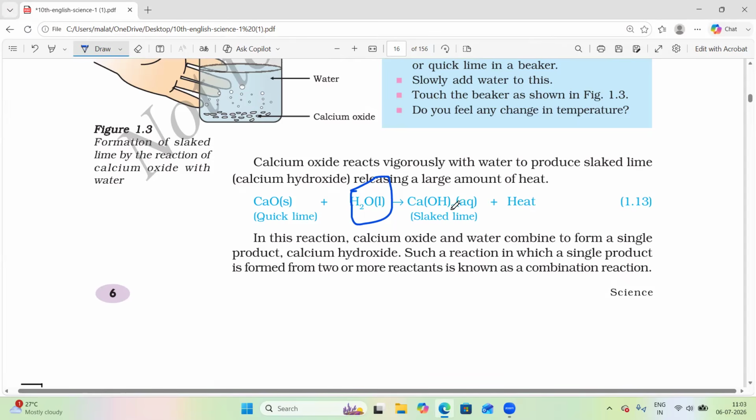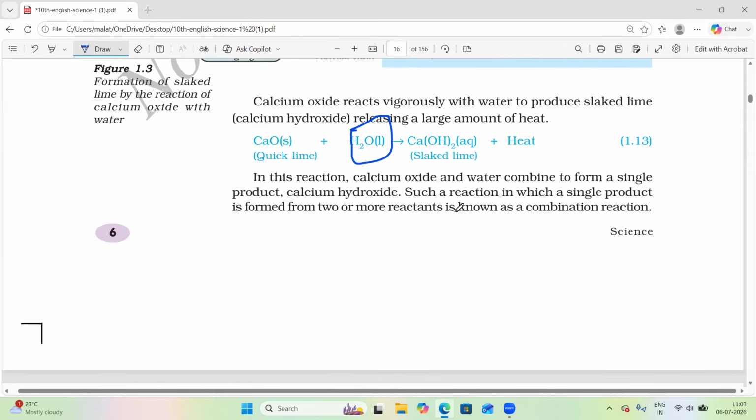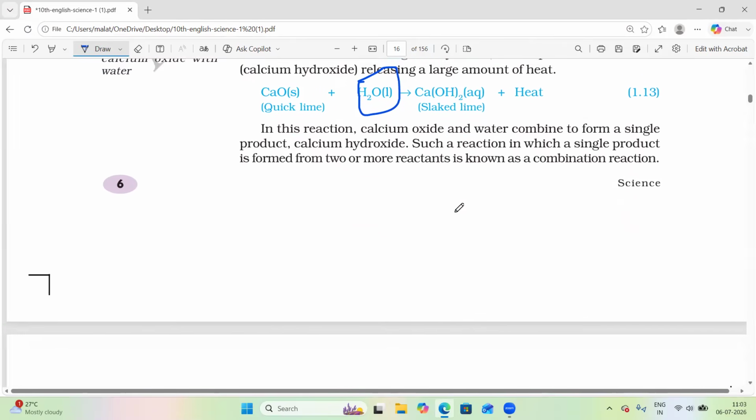Hydrogen: here 2 hydrogen atoms, here also 2 hydrogen atoms. It is a balanced chemical equation. If you write an unbalanced equation and keep it as it is in the examination, you never get marks. You should check whether the chemical equation is balanced or not. If it is unbalanced, you should balance it.